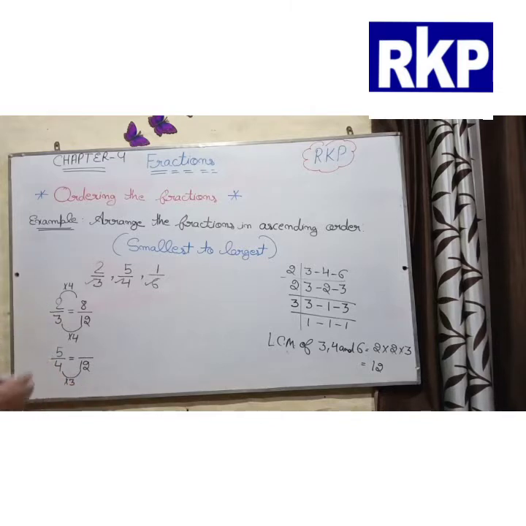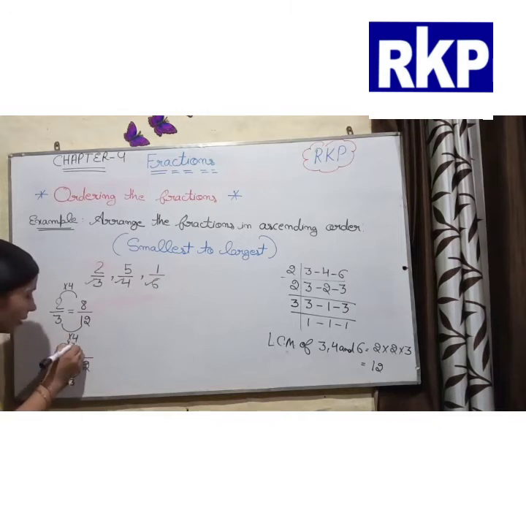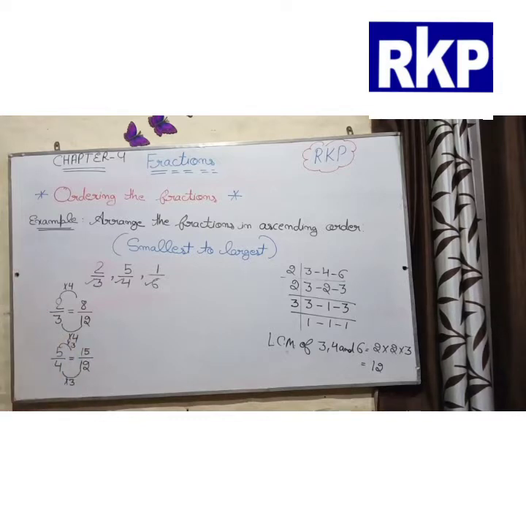So we have to multiply the numerator also by 3. Then we will get 15. 5 threes are 15 and 4 threes are 12. Here 15 by 12 is an equivalent fraction of 5 by 4.